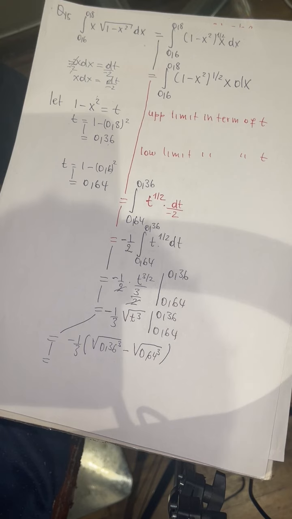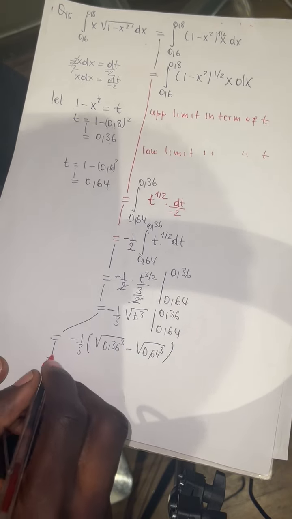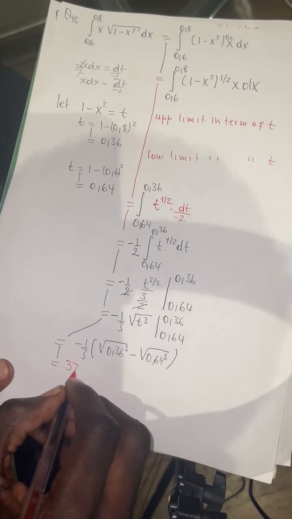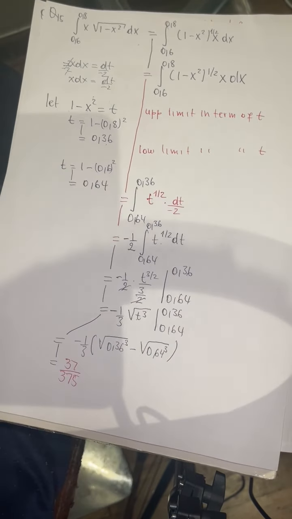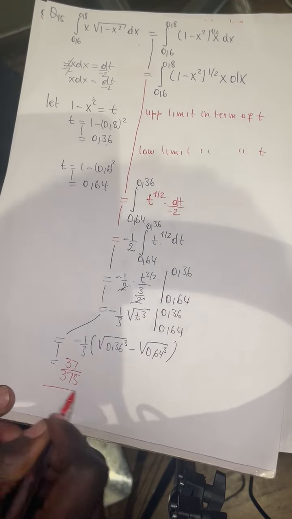Minus 1 over 3, we open the bracket, we say square root of 0.36 to the power 3, so minus the square root of 0.64 to the power 3, and then we close the bracket. So I found 37.375. So you guys see, this is the answer.